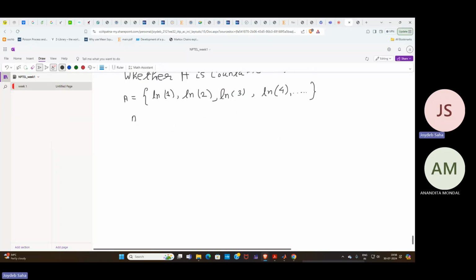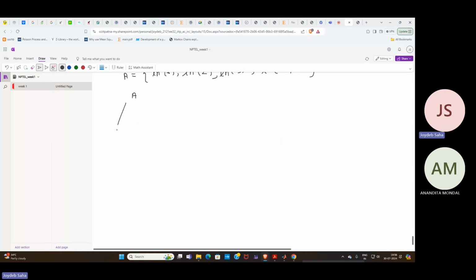So if we try to map it with n, can we map it like this? ln1, ln2, ln3, ln4, and so on.